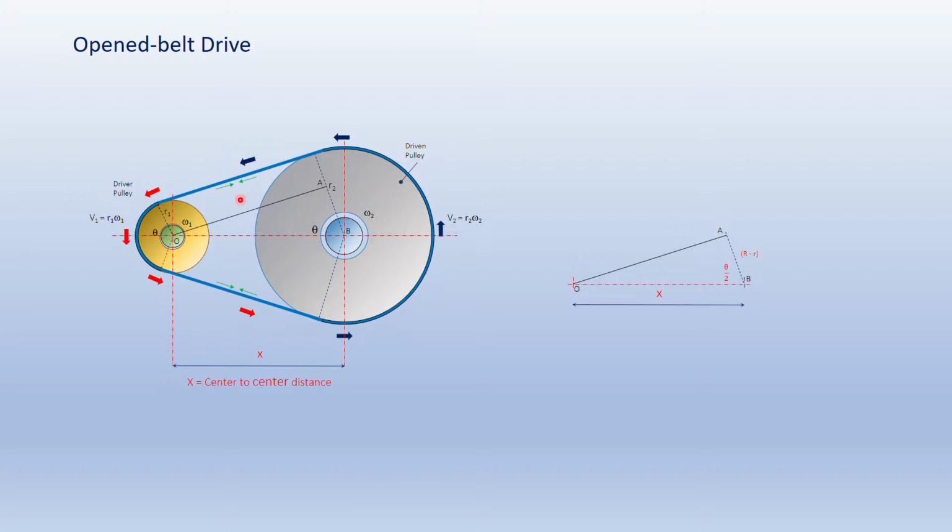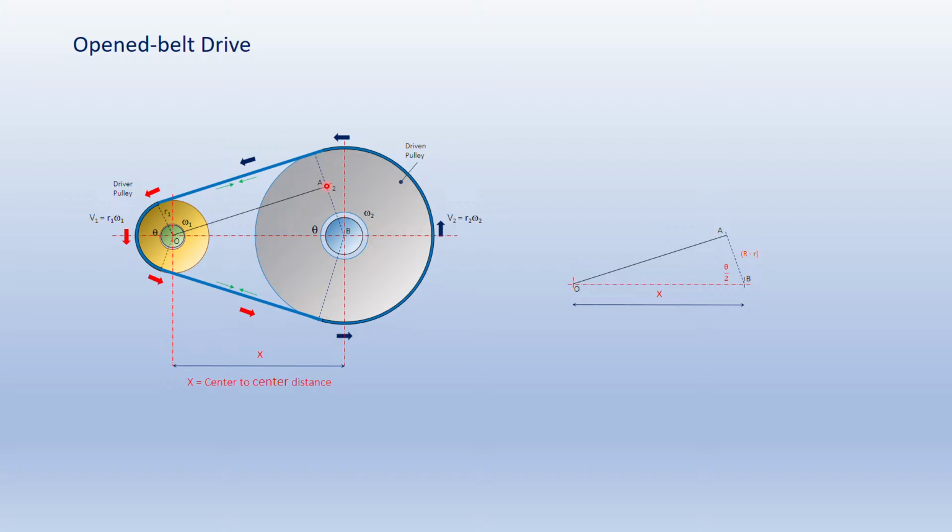When you refer to both pulleys, from the center of the smaller pulley, you need to draw a line parallel to the belt that is on top here. See my laser pointer, please. So this belt and the line you have drawn must be parallel to each other.